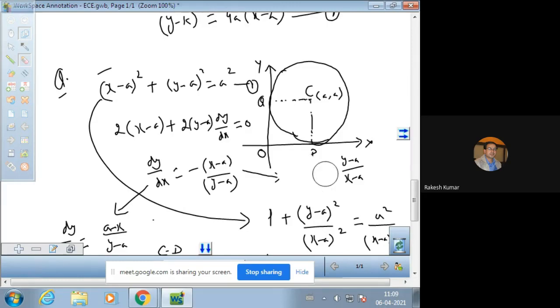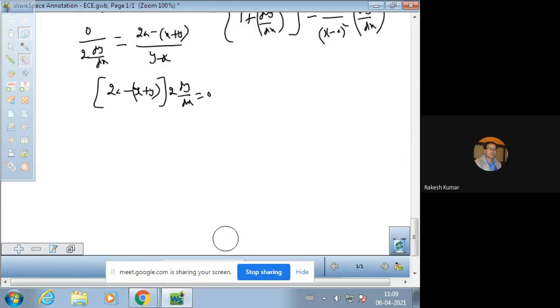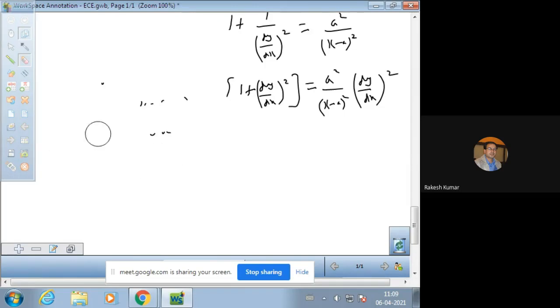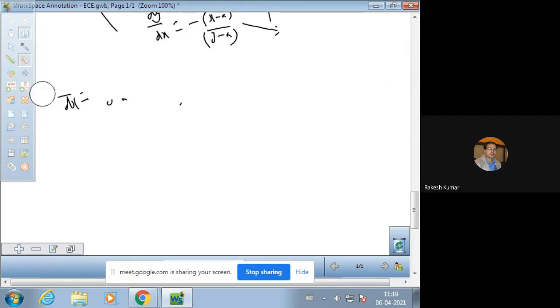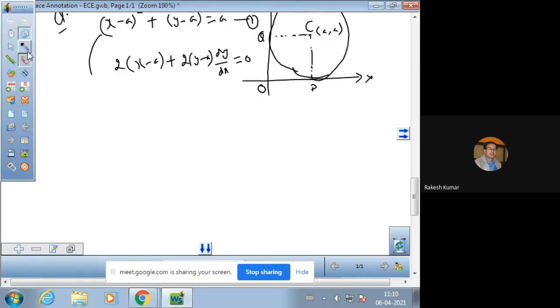From this step, you can simplify it in another way so that the question may become easier. Actually, I was trying a different way, so let us do it in a simpler way.